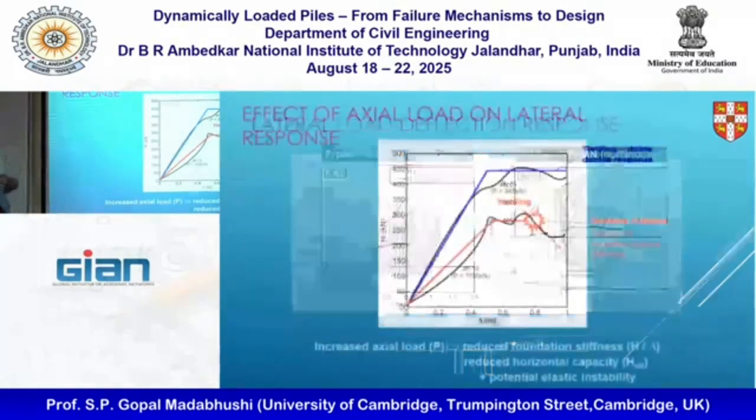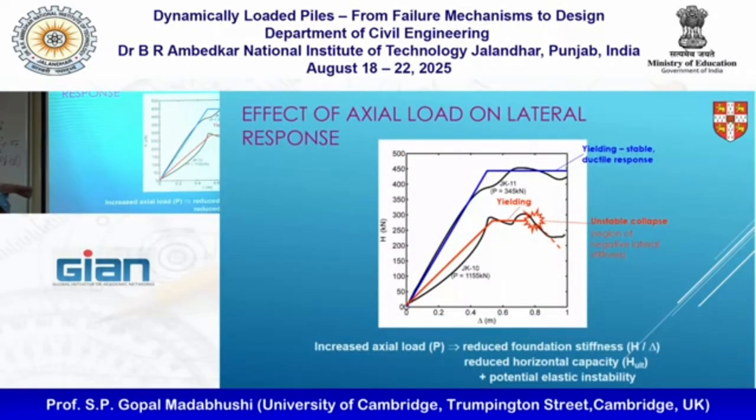Now, how do we sum up all this? So we got horizontal load, and we got deflection here, and we are putting data from different tests together. So what you can do is look at where the pile will undergo ductile response, yielding, and where it will undergo unstable collapse or buckling type failure.